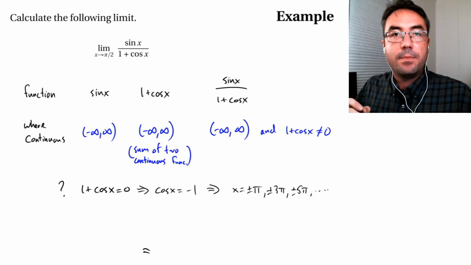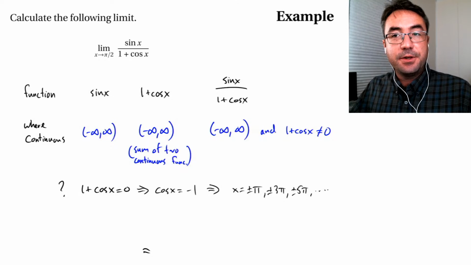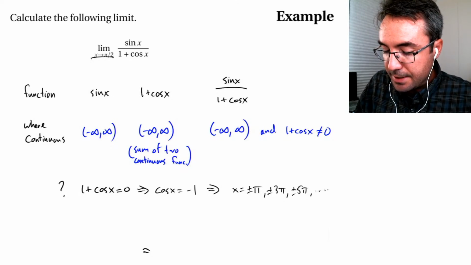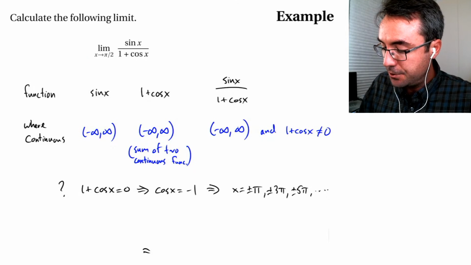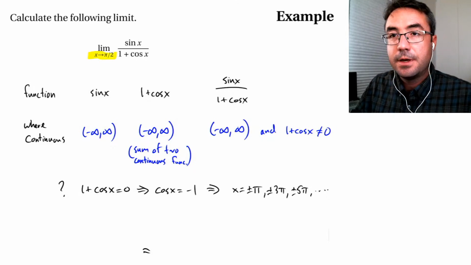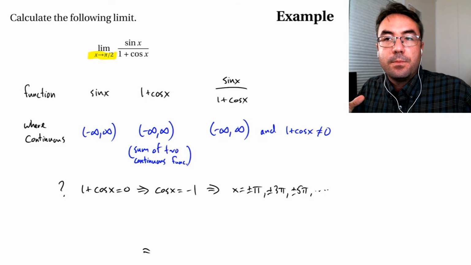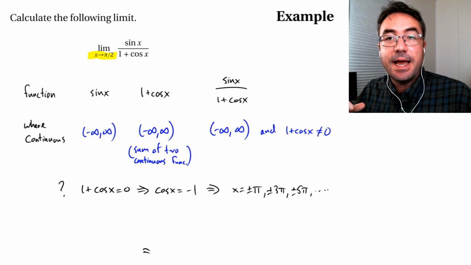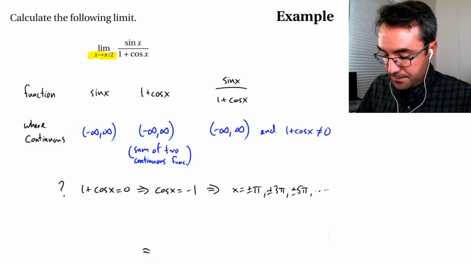So for the purposes of calculating this limit, we're doing the limit as x approaches pi over 2. What we're seeing is pi over 2 is actually in this domain of continuity.